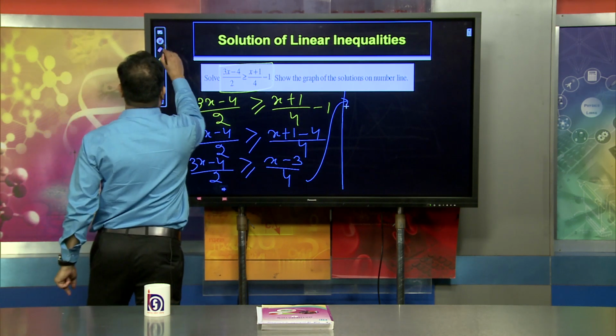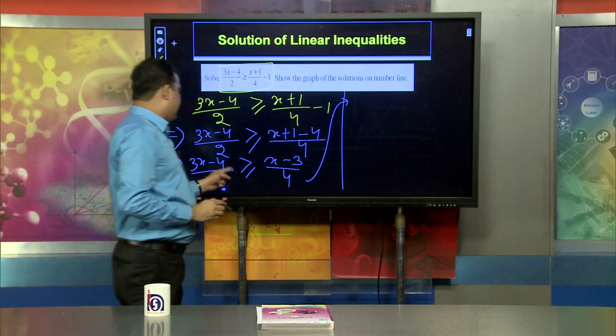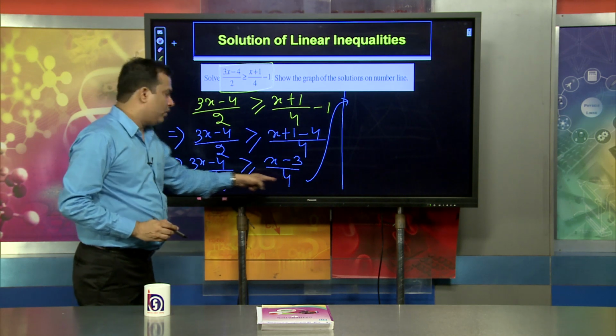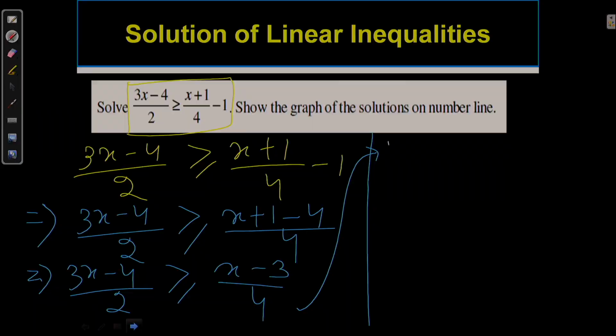Multiplying 4 into 3x minus 4, we get 12x minus 16, which is greater than or equal to 2x minus 6, because 2 is multiplied with x minus 3.